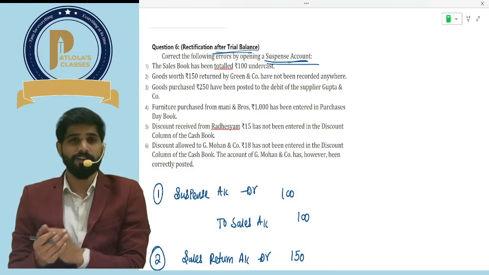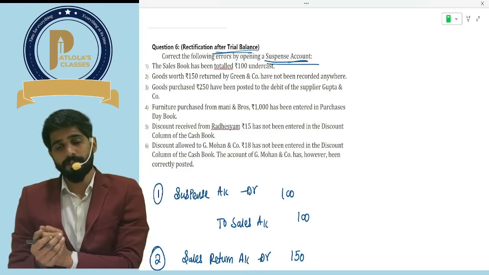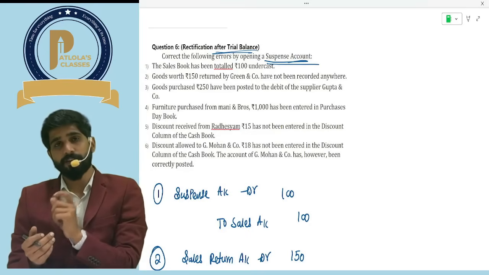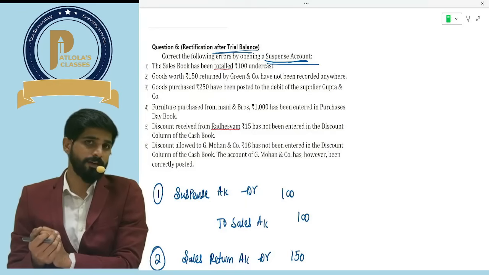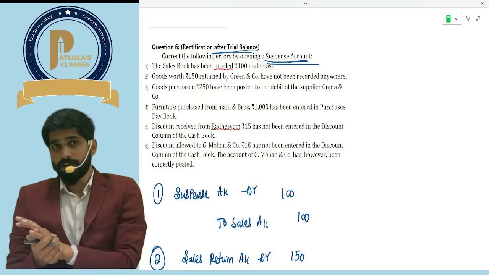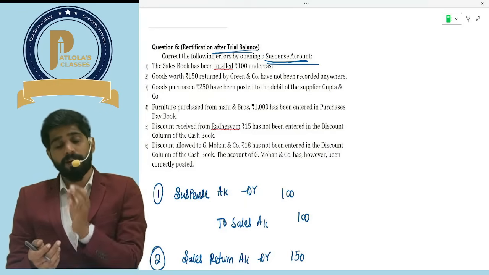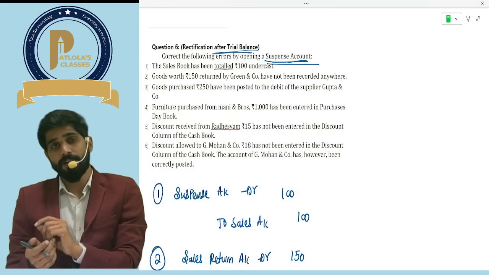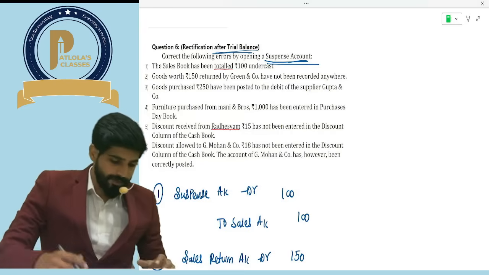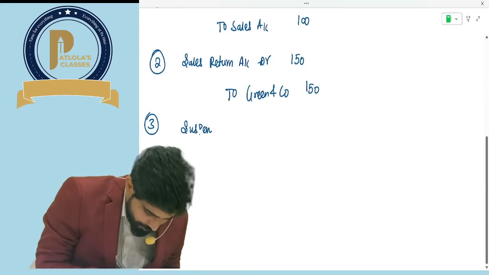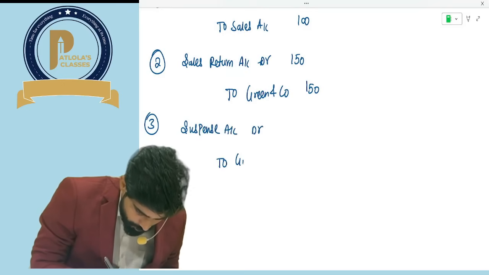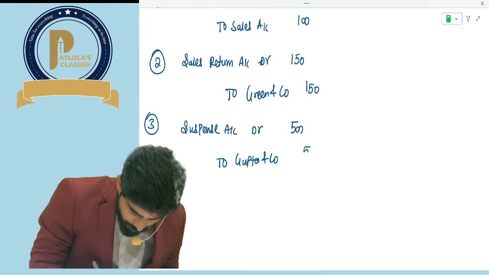Now that we are rectifying the error, suspense should be debited by 500 and that 500 should be credited to Gupta and Co. Why are we crediting Gupta and Co 500? 250 is for actually crediting it, and another 250 is to cancel whatever was by mistake debited. So the rectification entry will be suspense account debit to Gupta and Co. How much? 500. Okay, wonderful.